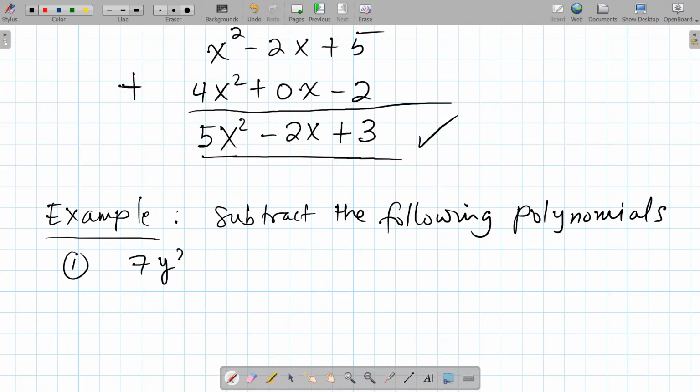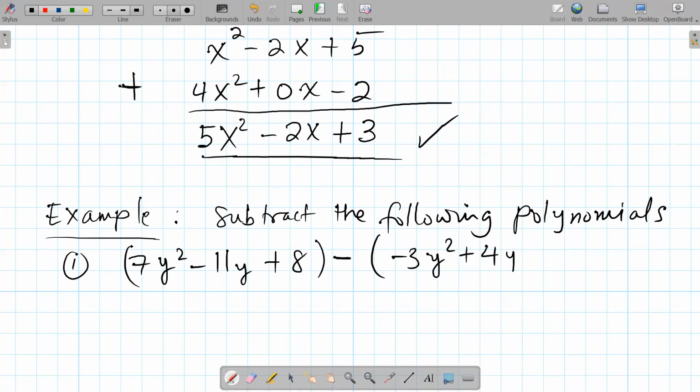Seven y squared minus 11y plus 8 minus 3y squared plus 4y plus 6.